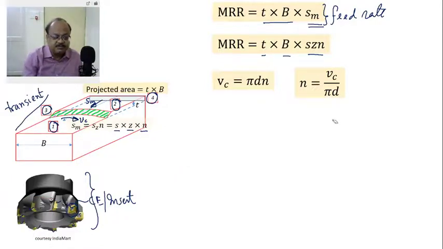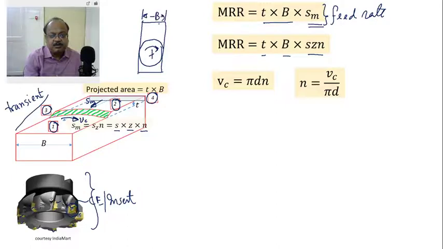We are assuming a situation like this: this is the job and this is the cutter. This is rotating in this direction. The width of the job and the diameter of the cutter, they are the same.